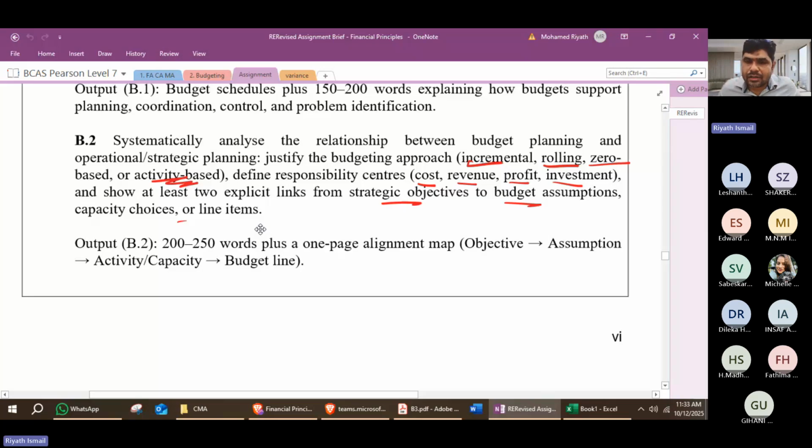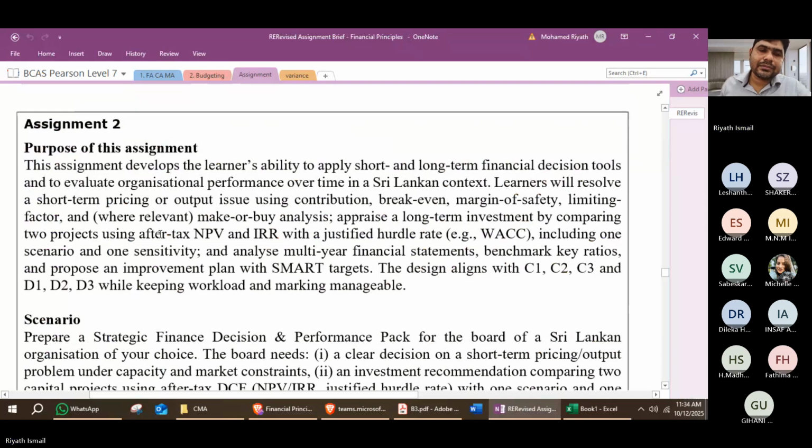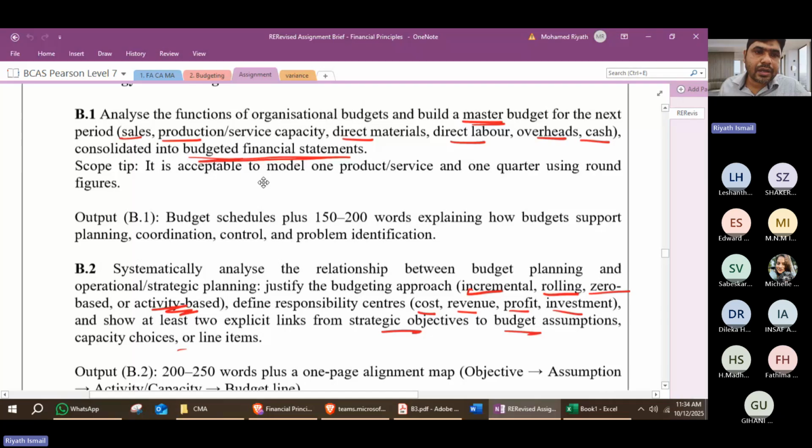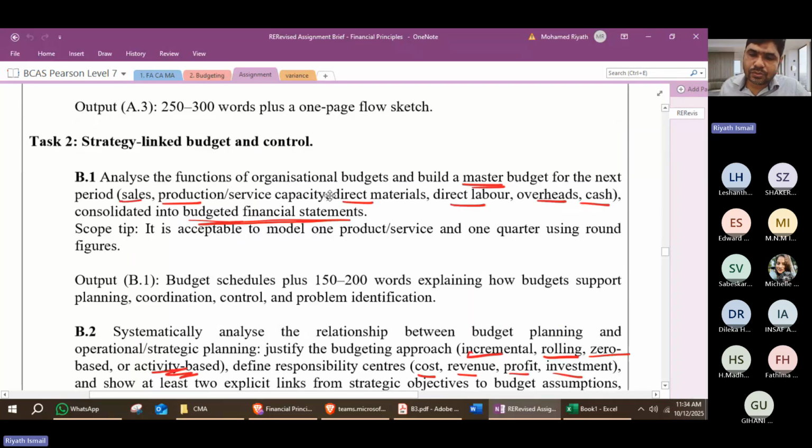If you choose a bread manufacturing firm, a bakery, all of the figures should be aligned to that bakery, for assessment 1, task 1 and task 2. But assignments 1 and 2 are different. We can take two different organizations, but for task 1 and task 2, you should use one particular organization, one particular industry.